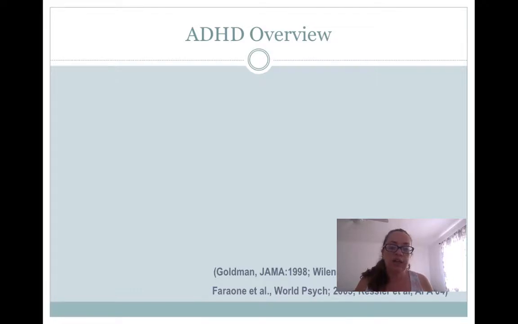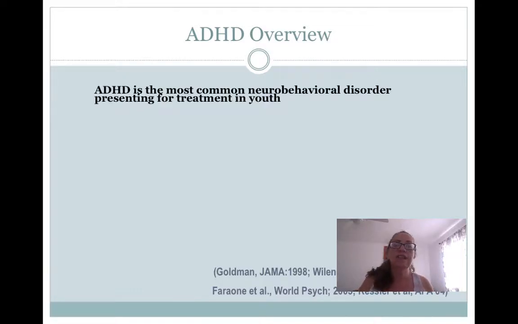So let's talk about ADHD first. This is the most common neurobehavioral disorder, particularly among children. It can also happen with adults. Oftentimes, though, childhood ADHD will get better over time as the person ages. Sometimes adults still have ADHD. It's a smaller percentage. And then you can also have adult onset ADHD, where you were fine as a child, but as an adult, suddenly you have a hard time focusing.